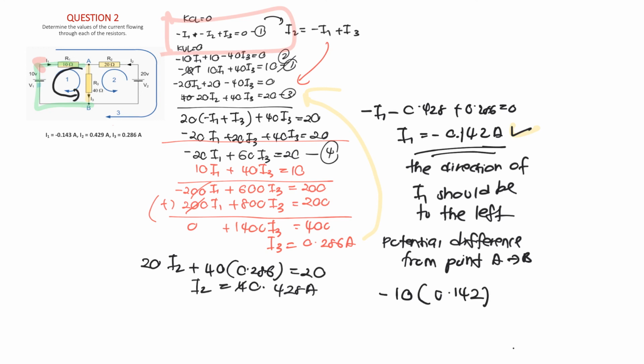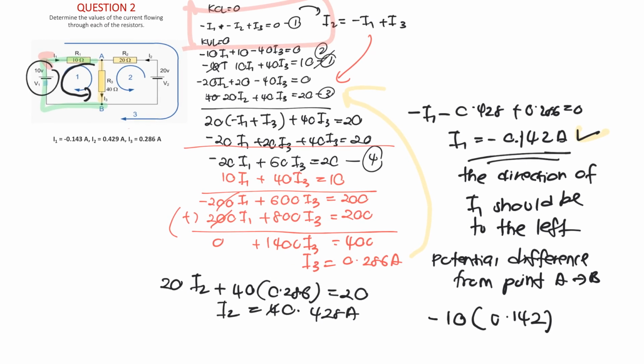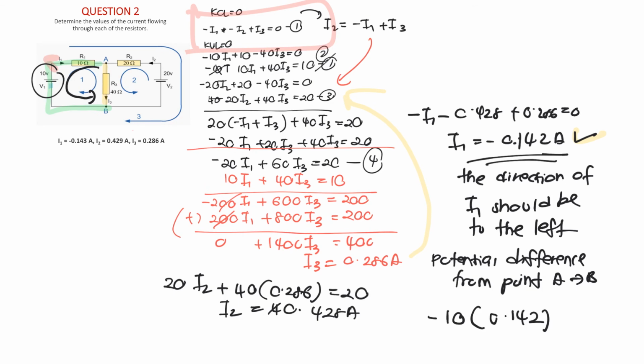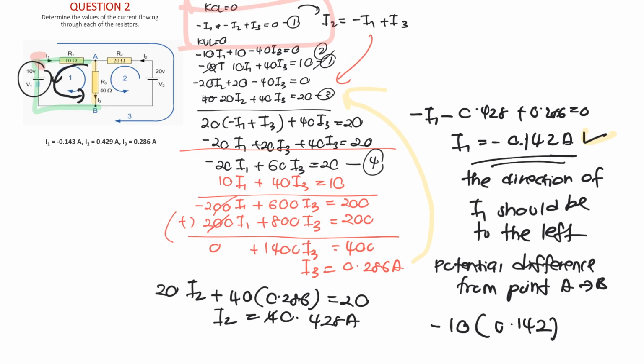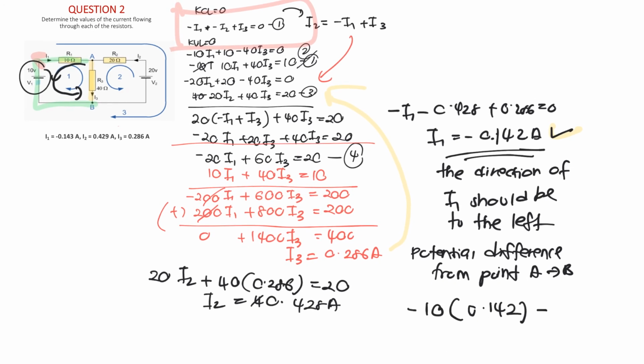And then for the battery here, I look at the assumed loop, which is moving from positive to negative, so I'm going to get negative over there. So negative 10. What is the value for this one? I'm going to get negative 10 times 0.142.